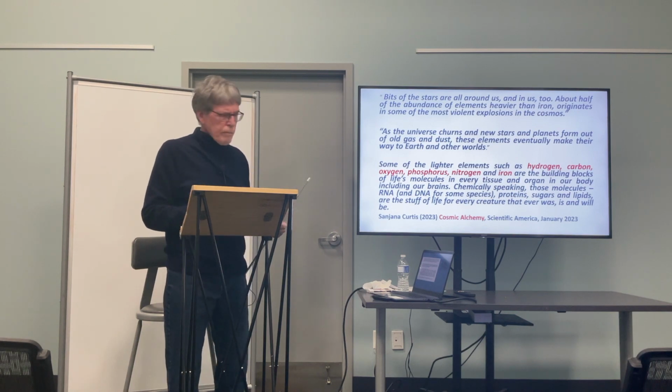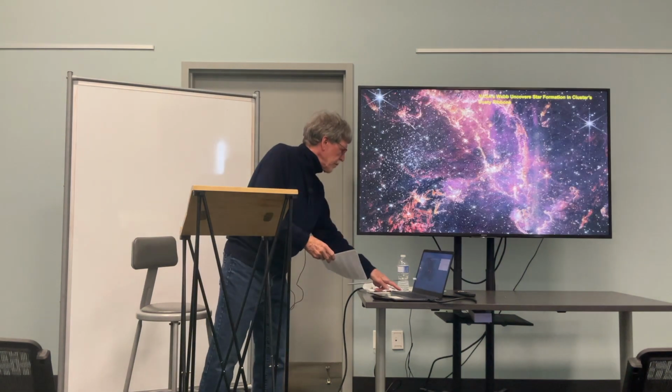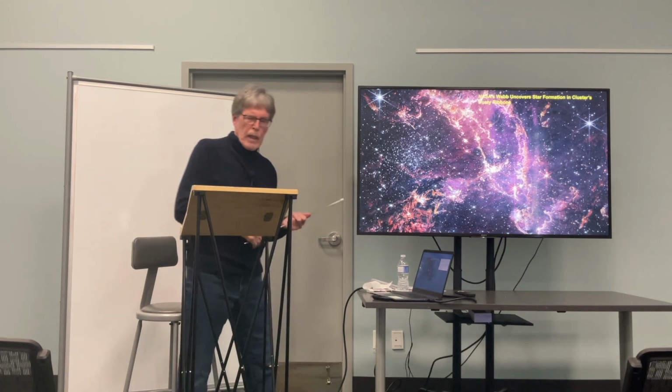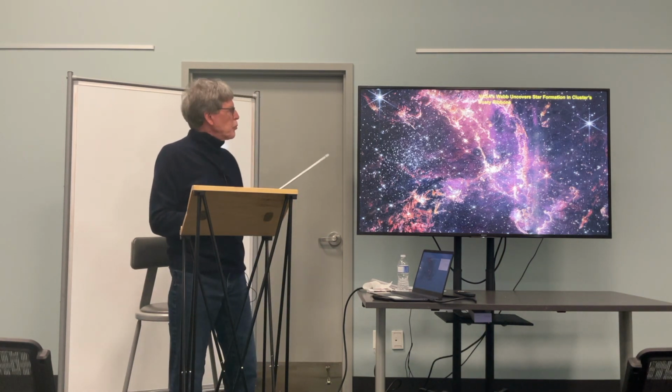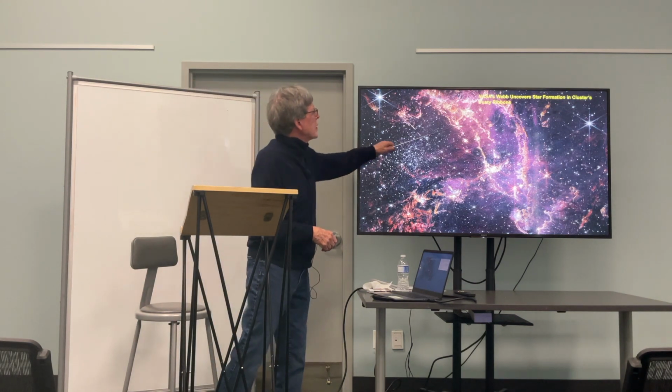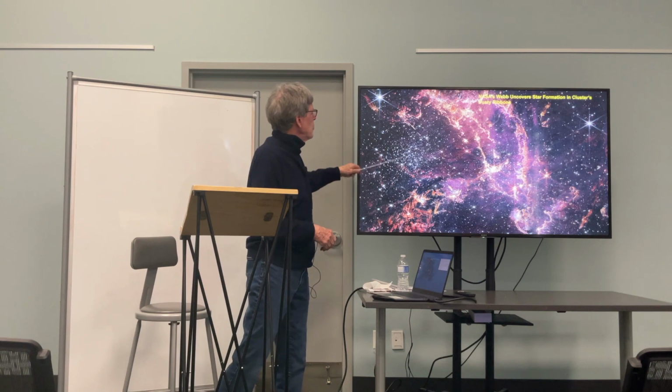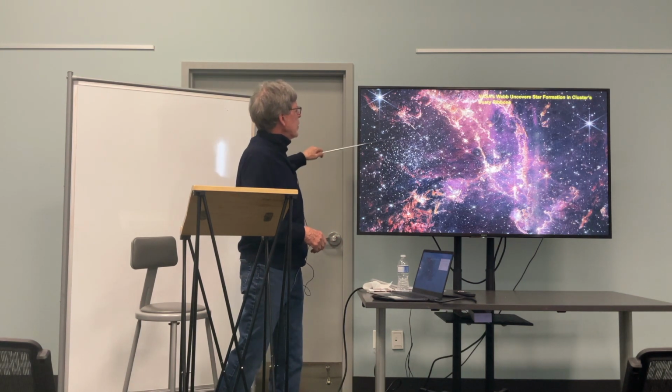So here's another picture of one of these vast clouds. And before the James Webb Telescope, you wouldn't see these kind of fuzzy areas here. You'd see the kind of the stars. The picture would look more like this, only you wouldn't see as many stars.